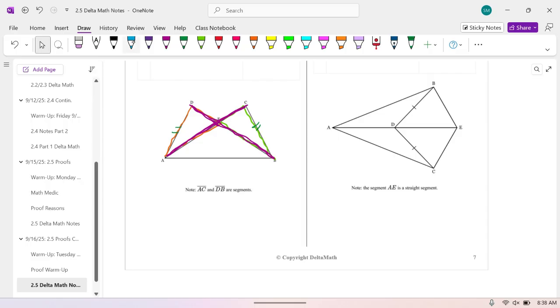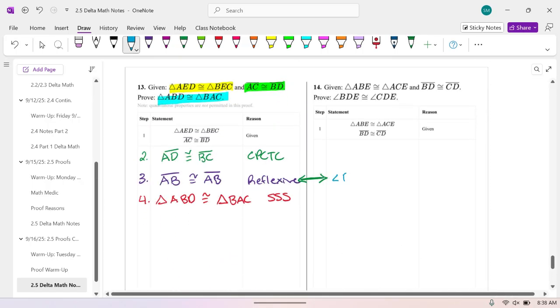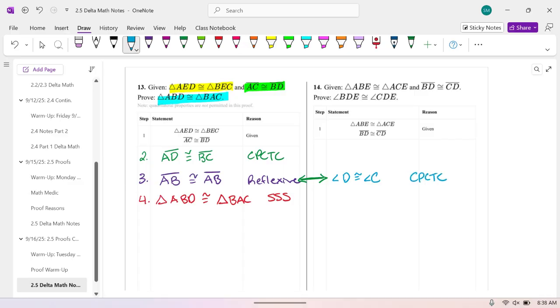CPCTC. So I could also have said that these two angles are congruent by CPCTC. So angle D is congruent to angle C by CPCTC. Thus, that would have made those triangles ABD congruent to triangle BAC by SAS.